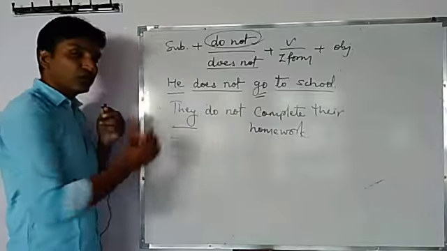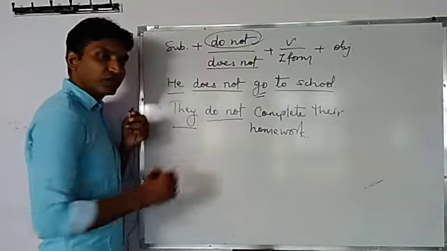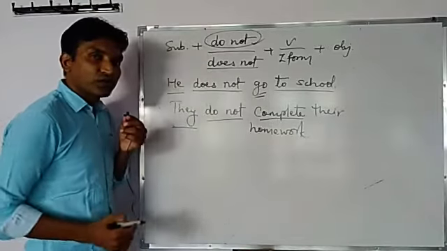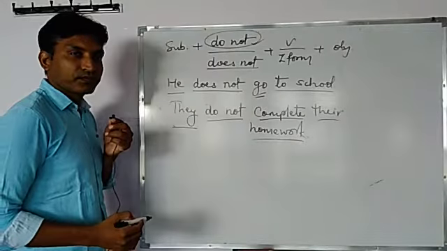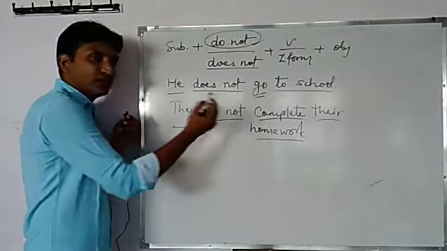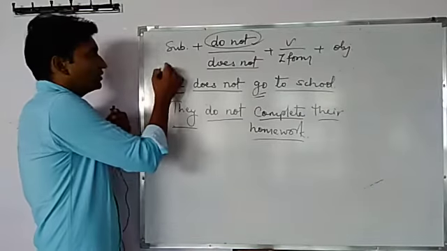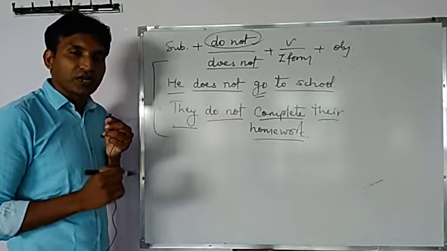Now the subject is plural, and with a plural subject we place do not. Once again, the first form of the verb and then the object. So they do not complete their homework. Is it clear? So this is the framing of negative sentence of present simple tense.